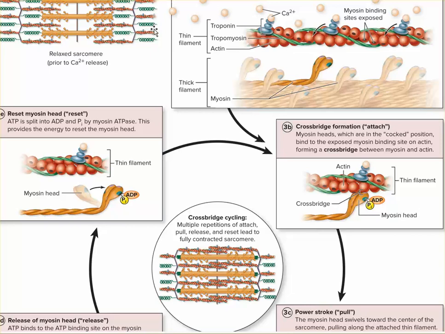The I band is also quite large. There is no cross bridging happening between these things. This is what it looks like in this relaxed position. The head is extended here, which means it's high energy. It's bound to ADP and P. The ATP is given the energy and put it into this configuration.